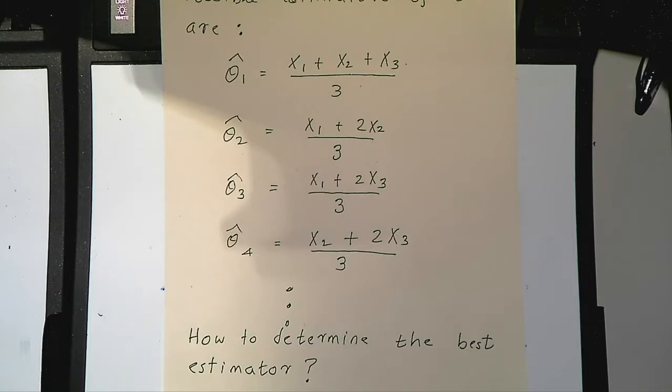In this case we have 4 estimators, but in practice you can have not just 4, you can have 100 different estimators. But how do you determine the best estimator among the ones you have? So that's the thing I'm going to talk about today.